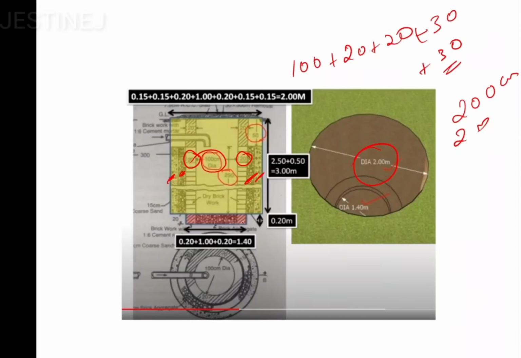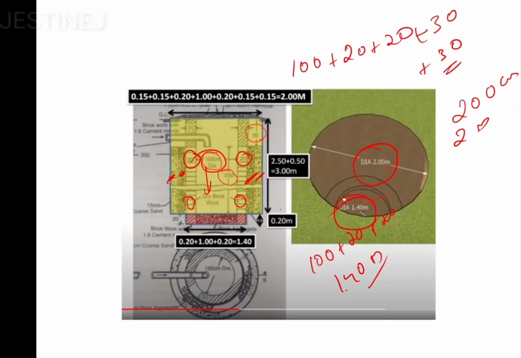And when you are moving on to the lower portion, the value is going to be 100. Then you have to take both the values, that is 100 plus 20 plus 20, you will get 140, and it is going to be 1.4 meter. It is clearly mentioned here also. So with the help of those values, you can calculate the earthwork excavation for the septic tank.